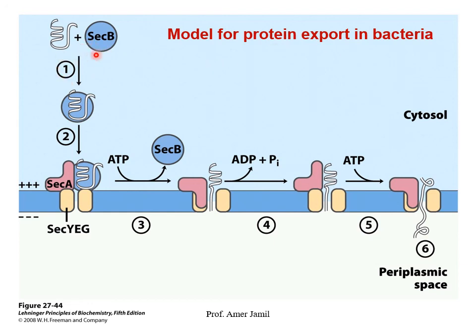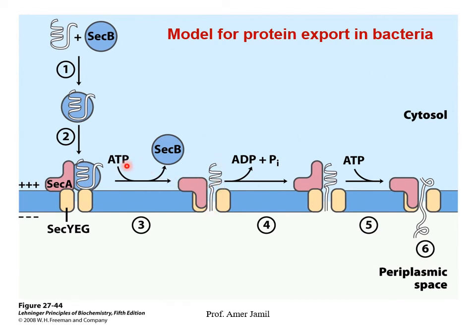This is one model for protein export in bacteria. In this case, SecB recognizes this protein, and there are certain similar sorts of recognition receptors present here, as I mentioned for the eukaryotic proteins, and these factors help in the transport of this protein inside the periplasmic space due to the signal sequence which is present here.